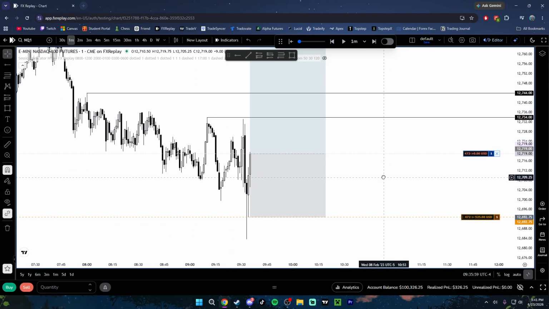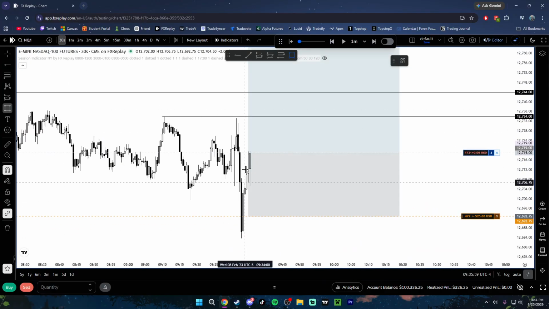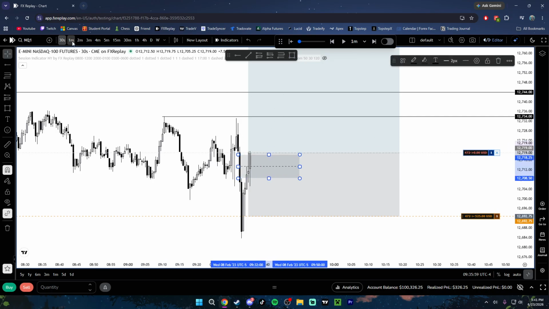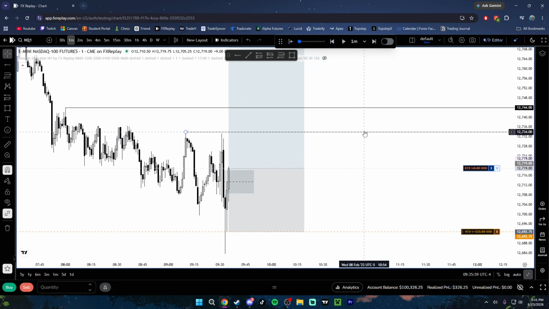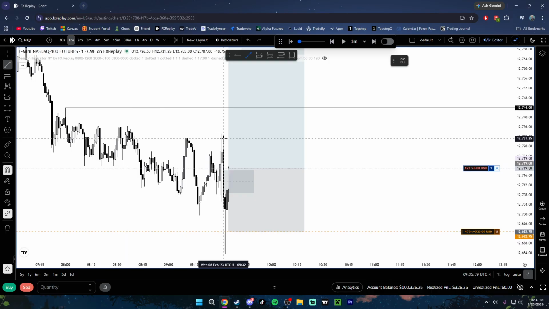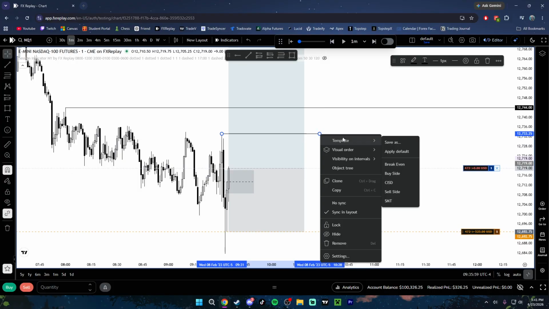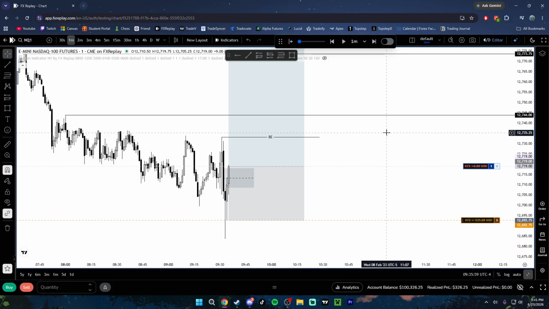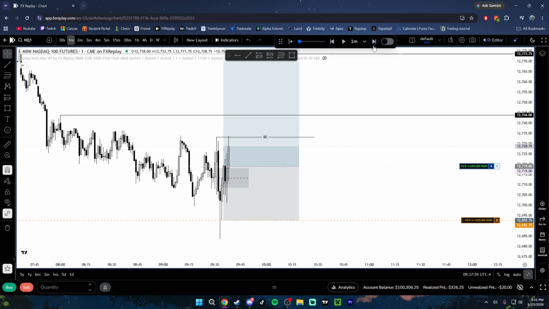So we have a 30-second inverse right here. Break even at this high right here. Break even at the 930 wick. Break even at the internal high. Alright, let's break even.